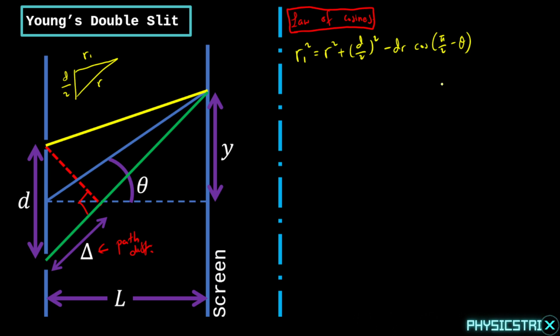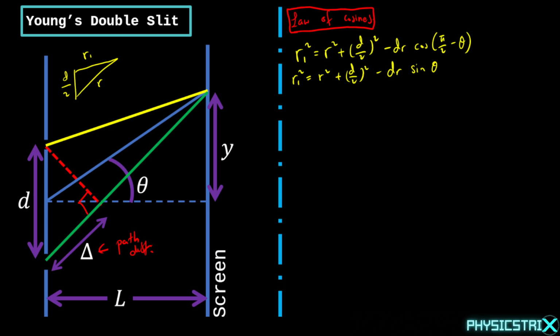Because we see a pi over 2, we can simplify this cosine into sine, and what we'll have is R1 squared equals R squared plus (d over 2) squared minus dR sine theta. So that's what we'll have.